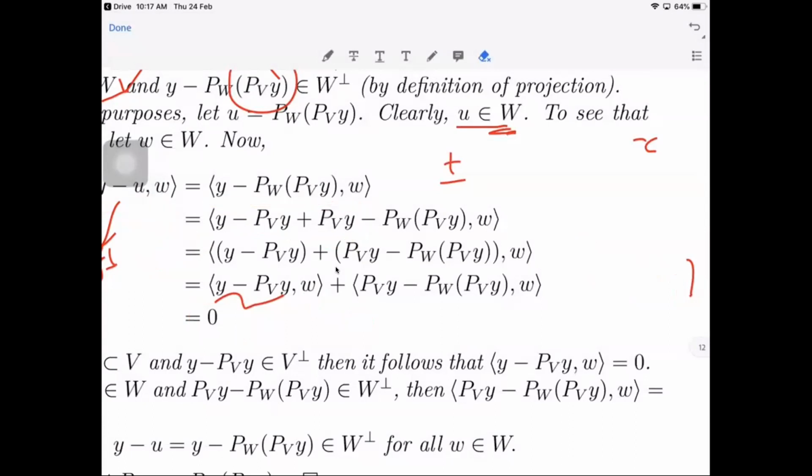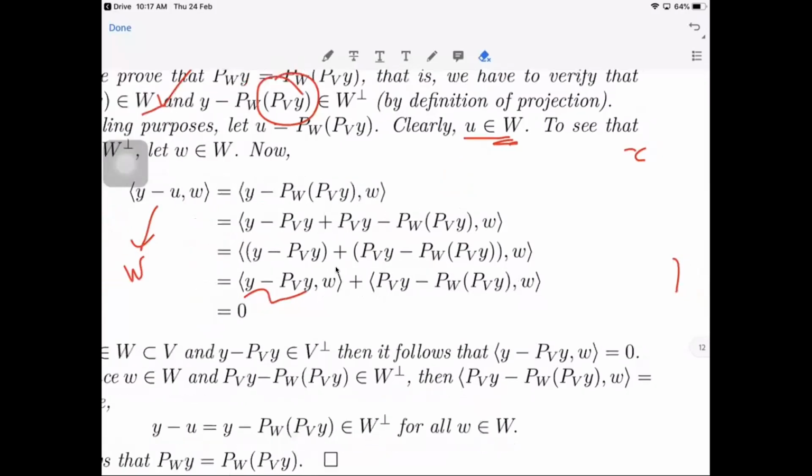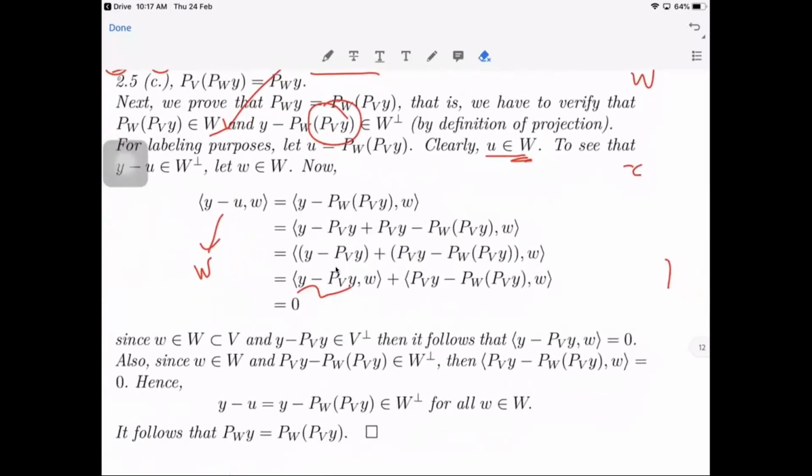So ato ni i-determine nganong zero ni class. Okay, W is in W. But it is a subset of V. So ibig sabihin, W is also in V. Asa ni? Y minus the projection of Y unto V. Asa ni siya?